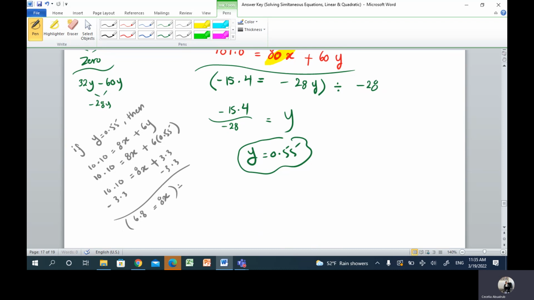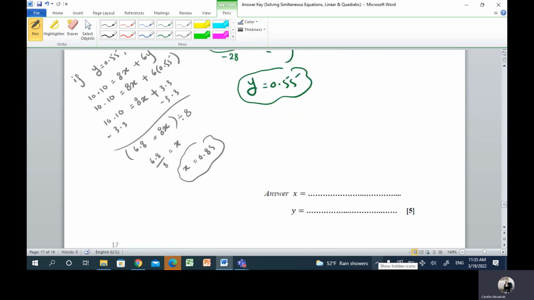So we're going to divide each side by the coefficient of x, which is 8. So 6.8 over 8 is equal to x. And accordingly, x will come down to 6.8 divided by 8. The answer is 0.85. So x is equal to 0.85.